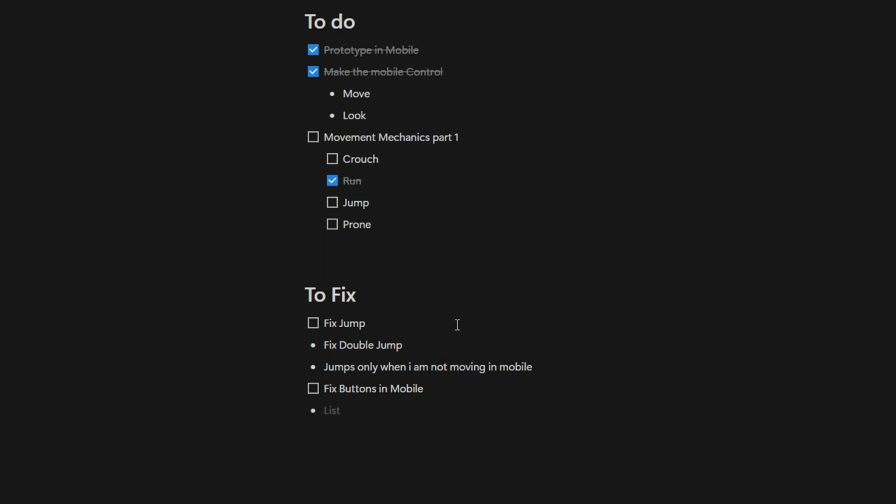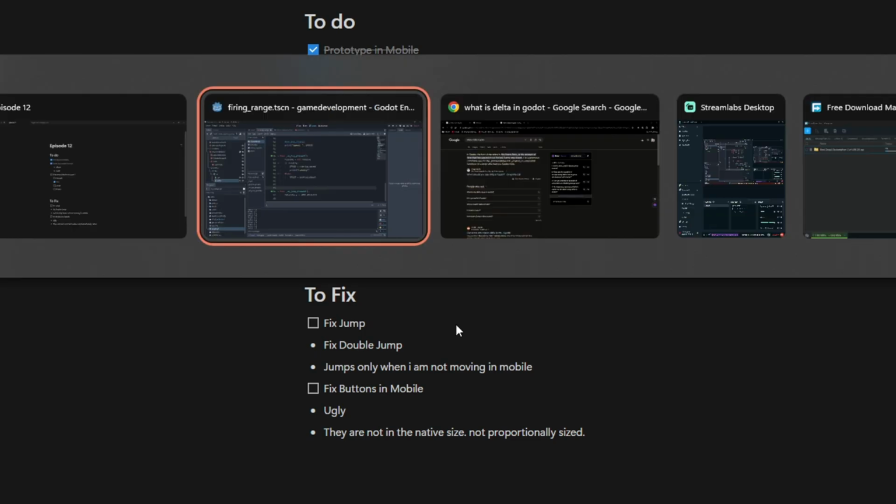First, because they are ugly. Second, they are not on the native size. They are not proportionally sized. It's not the same size as I did in the editor mode.